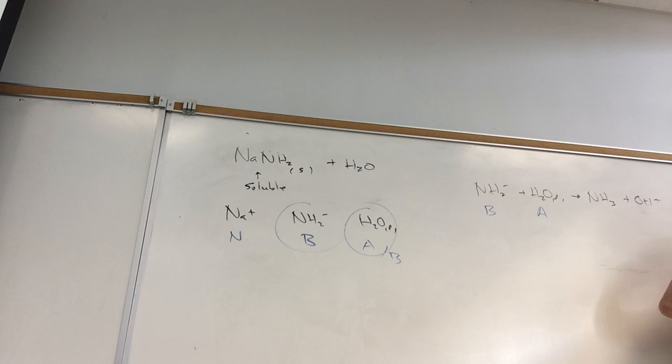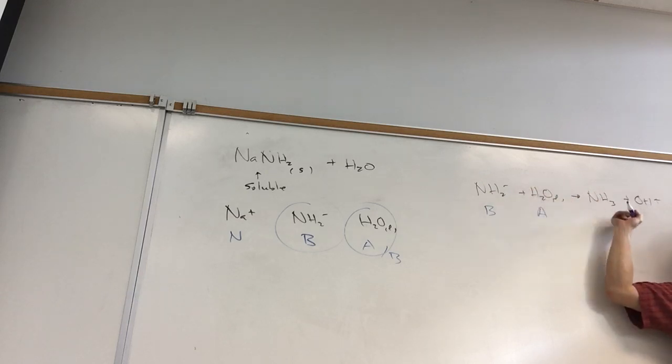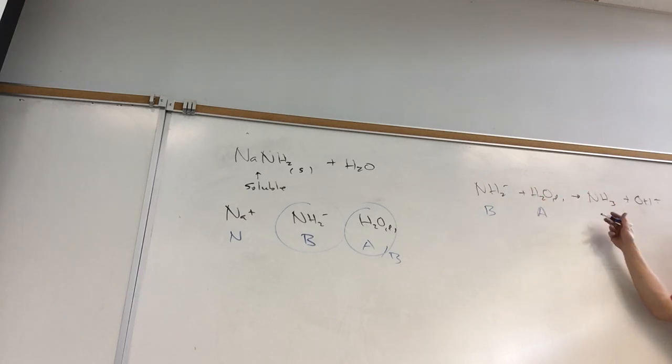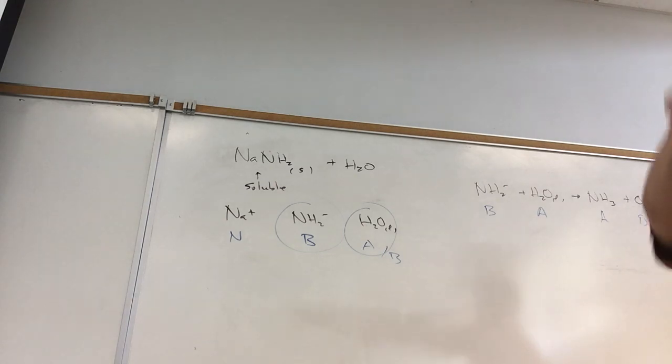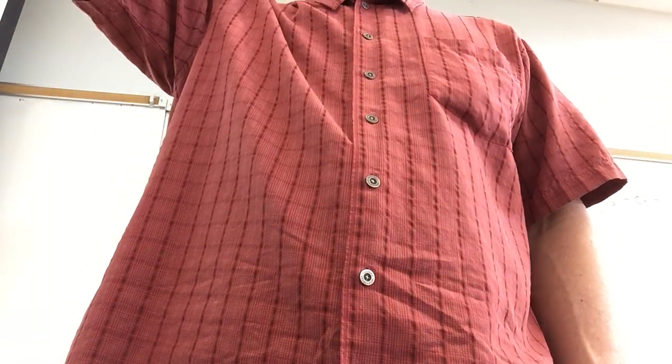We don't worry about our ideas. We just look at what happens. Acids are proton donors, so who loses an H? Ammonia or hydroxide? Ammonia loses an H. We went from NH3 to NH2, so therefore ammonia must be the acid and hydroxide the base. Is ammonia an acid? Yes, ammonia is an acid. Ammonia occurs both on the left column and the right column.